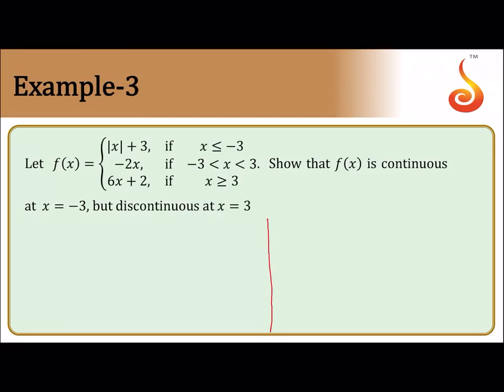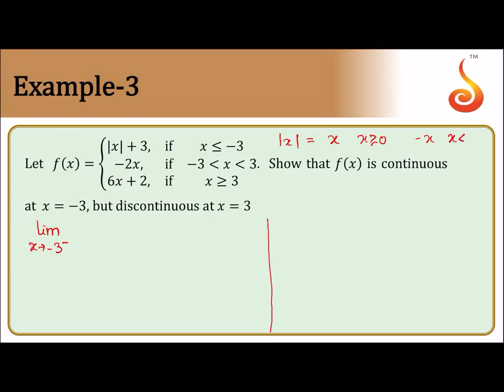Same process. Show that f of x is continuous at x equal to minus 3 but discontinuous at x equal to 3. Same way, limit x tending to minus 3 minus. So you are approaching minus 3 from the left.